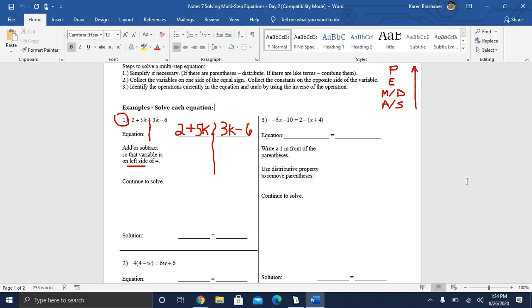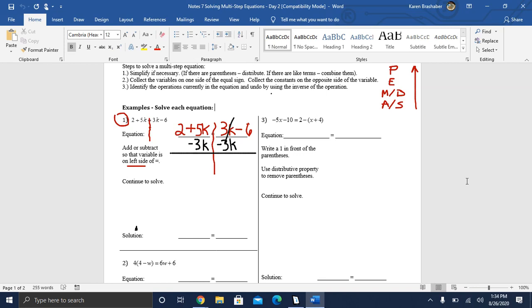So we are going to undo the fact that I have a positive 3k. You do have to pay attention to the sign in front of your expression. So I want to work with my term that has the variable with it. And it was positive. To zero it out, I'm going to have to subtract from both sides of the separator, both sides of the equal sign.